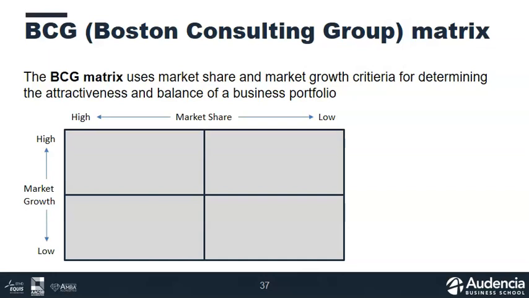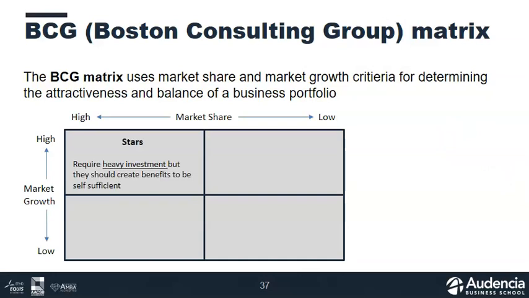This matrix is defined on two key axes: market share, meaning what share of the market this company has, and whether the market the company is in is growing or not. So high and low growth, and high and low market share. Let's go around this, and you may have heard of these different roles before.